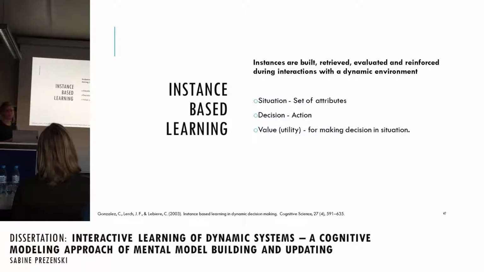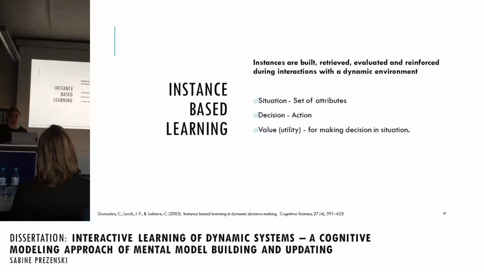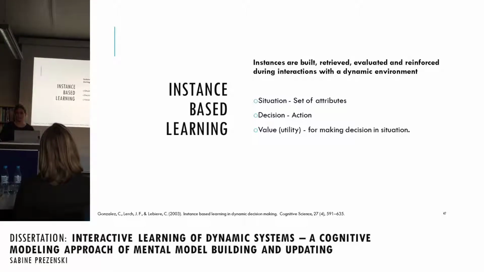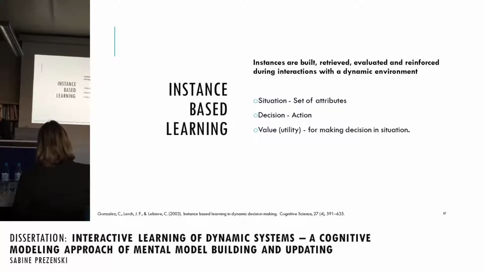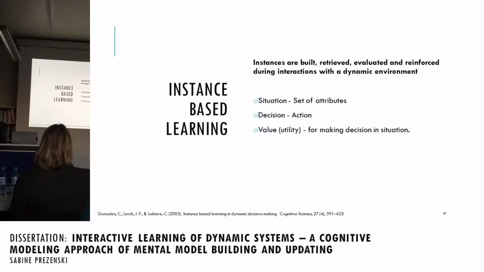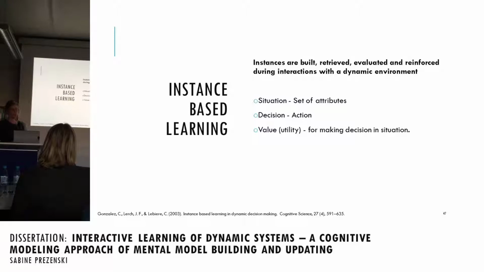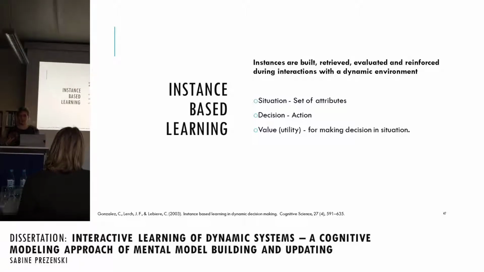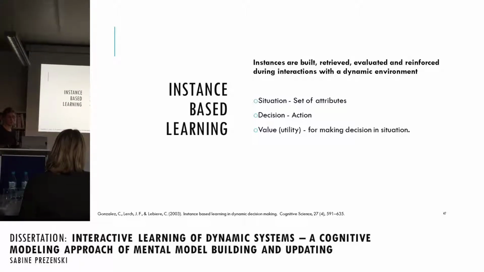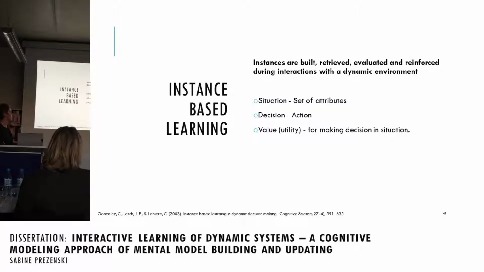Hereby instances are built, retrieved, evaluated, and reinforced during interaction with a dynamic environment. So we have the situation encoded as a set of attributes, the decision and the action, and the value for making decisions in the situation. However, in this task we have this uninformed switch, and for this we need some specific rules.